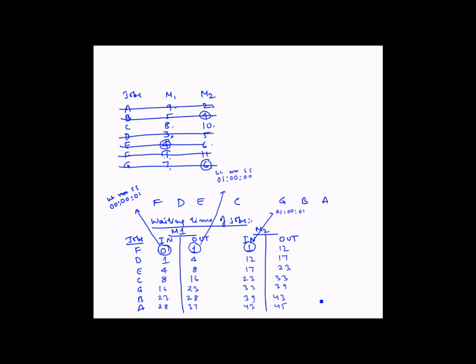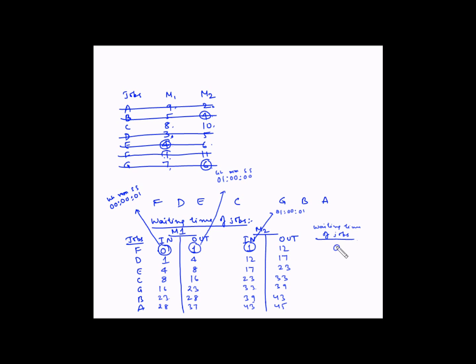Now based on this information, let us calculate the waiting time of jobs. So for F, there is no waiting time between machine M1 and M2 because F comes out on the first hour and goes into M2 at the same instant.